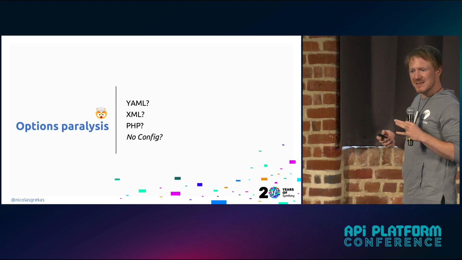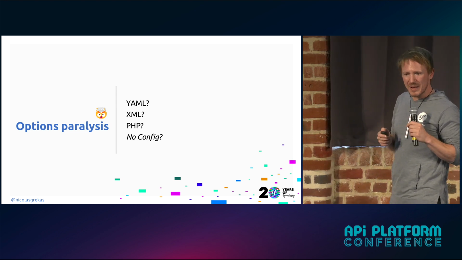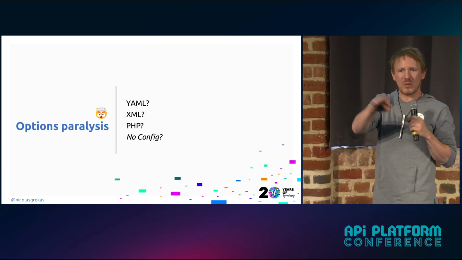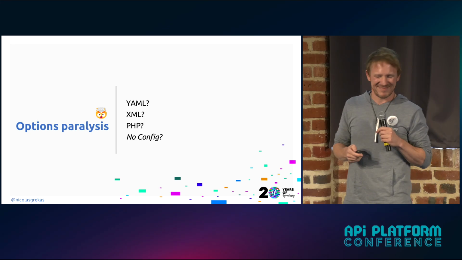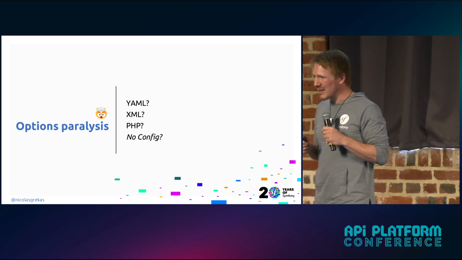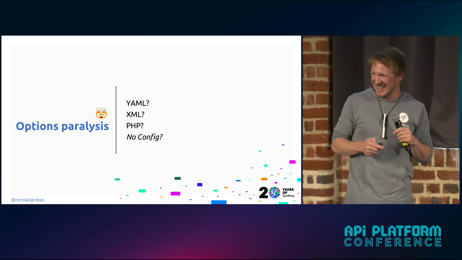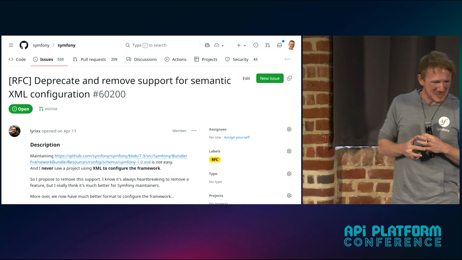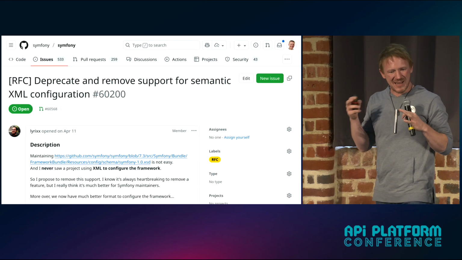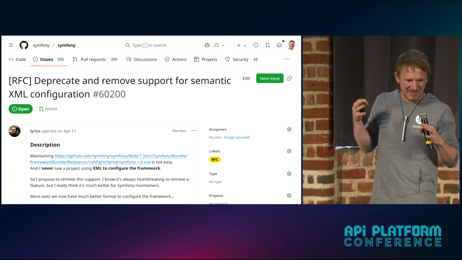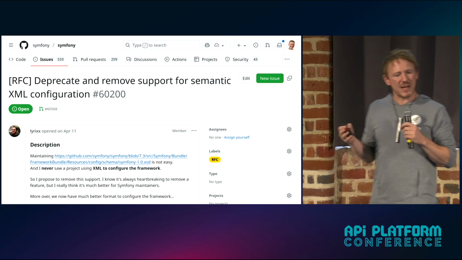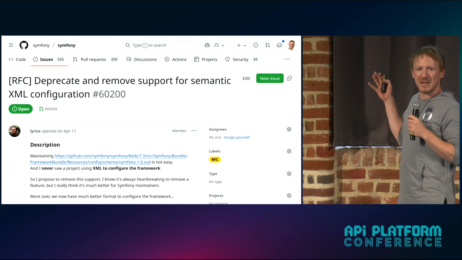So let's start with XML. That's the one that is the easiest to think about because nobody raised their hand, so I know I'm safe. It's a long topic. You raised your hand, right? Yeah, I will tell you about that. So, following this mindset, Grégoire opened this issue saying, hey, let's deprecate and remove support for semantic XML configuration.